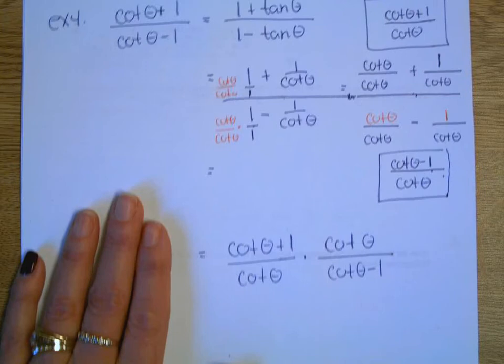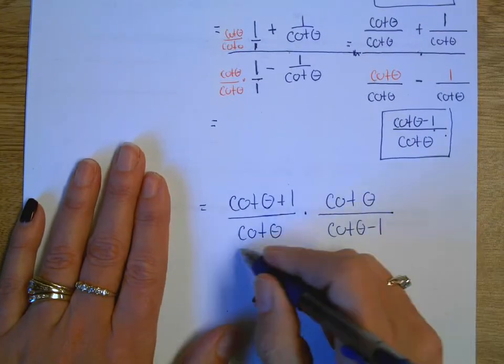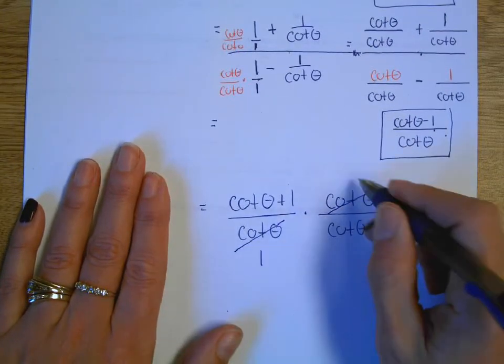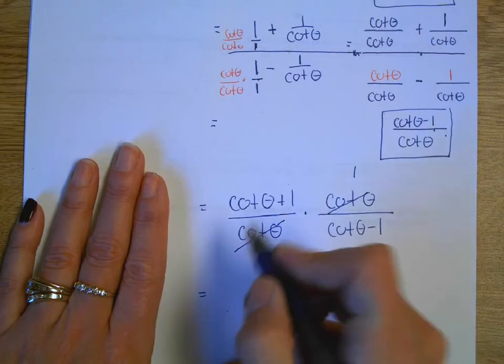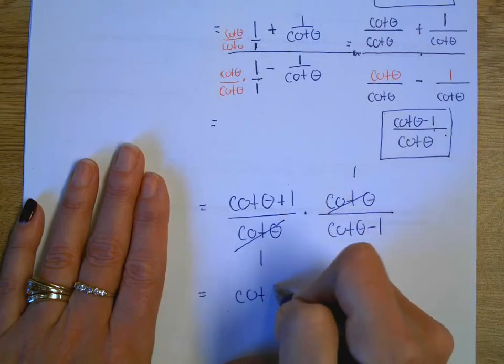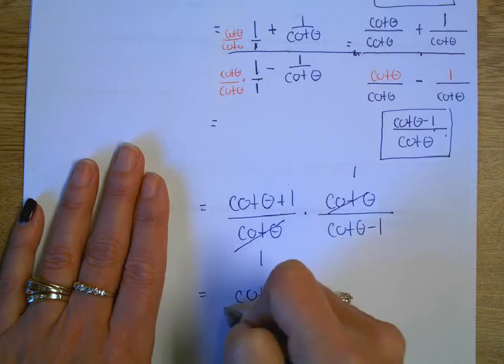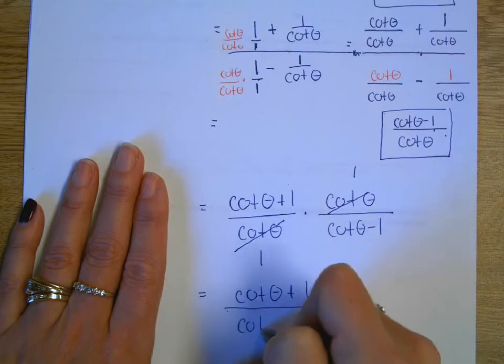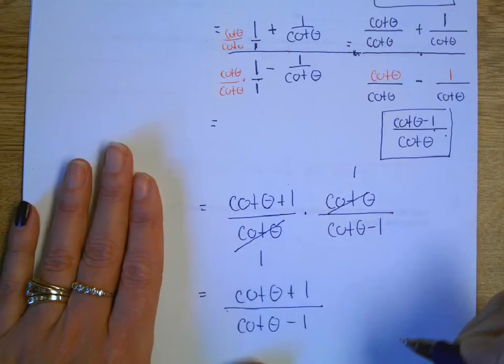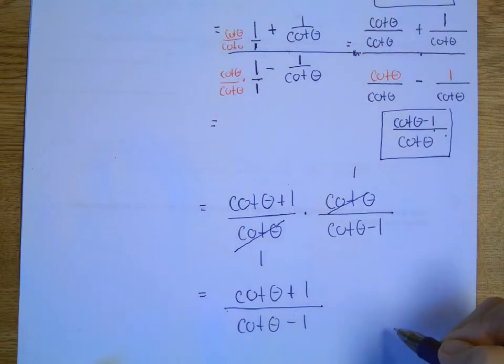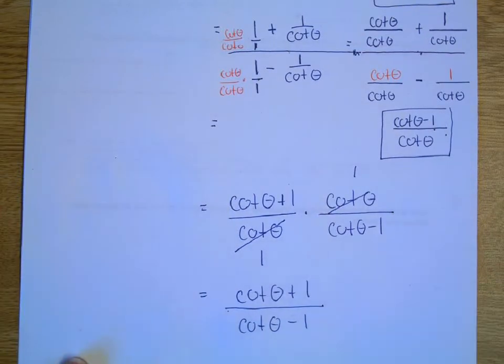And what can I cancel? Keep your eye on the prize. What did I want to get to? Cotangent plus 1 over cotangent minus 1. Oh, and look at what I have. We got it. Are we done? We're done.